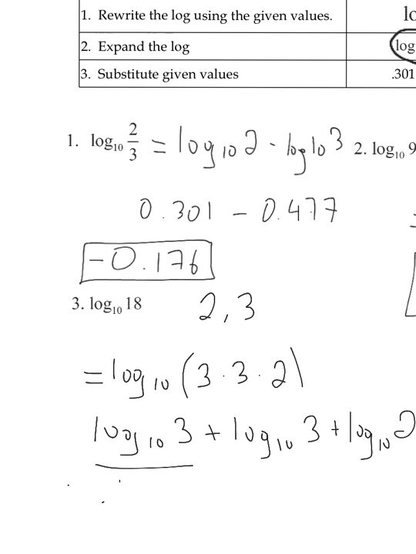Now, log base 10 of 3 is 0.477, plus same thing, 0.477. I'll put 0 in front of it not to confuse you, and log base 10 of 2 is 0.301.